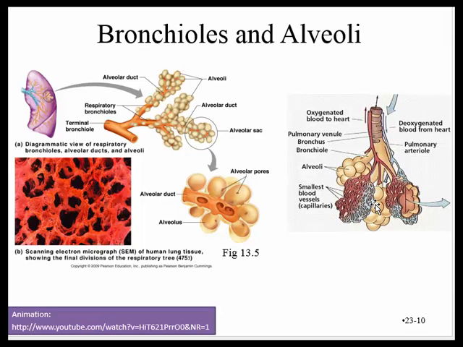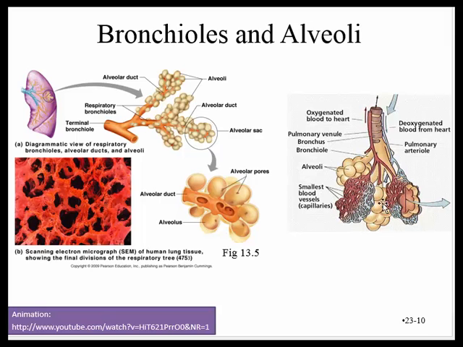Now also, if you remember from the cardiovascular system, we have oxygen-poor blood coming from the heart, from our pulmonary arteries to the lungs, and we always say that just goes to the lungs to pick up oxygen. This is where that oxygen gets picked up, okay?